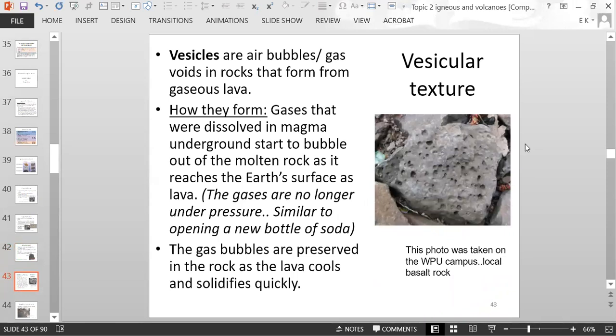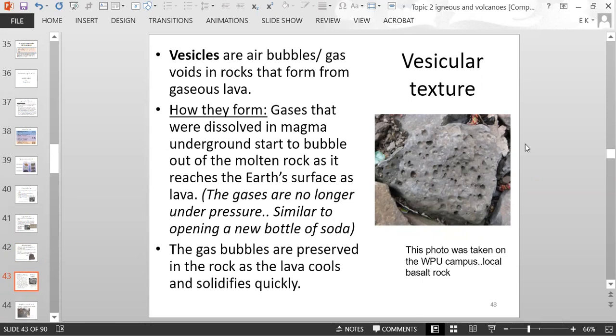Then we have vesicles, or a vesicular texture. So vesicles are air bubbles or gas voids in rocks that form from gaseous lava. So gases that were dissolved in magma underground will start to bubble out of the molten rock as it reaches the Earth's surface as lava. Because the gases are no longer under pressure, as you go away from being deep underground, going closer to the Earth's surface, the gases are under less pressure from the surrounding rock.